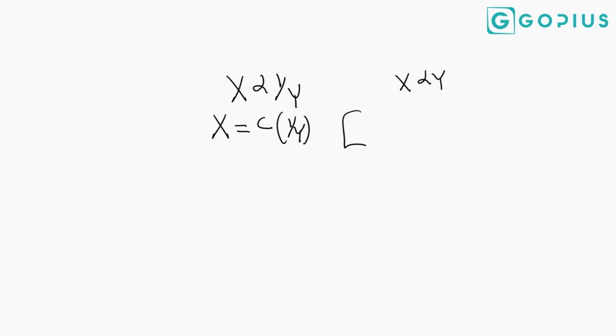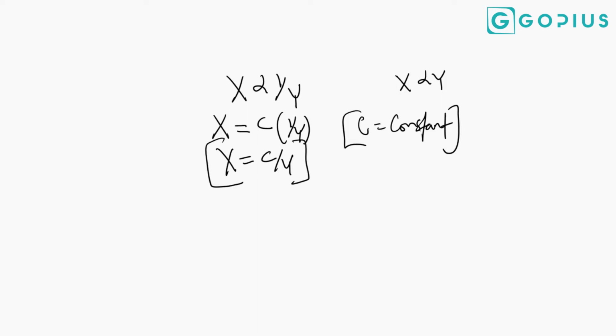You can use any other alphabet, so in this case it was c, where c is equal to a constant. So x equals, of course c can multiply 1 there, c all over y. It's as if the constant is always placed where you have 1. So this is our indirect variation, which is also called the inverse variation.